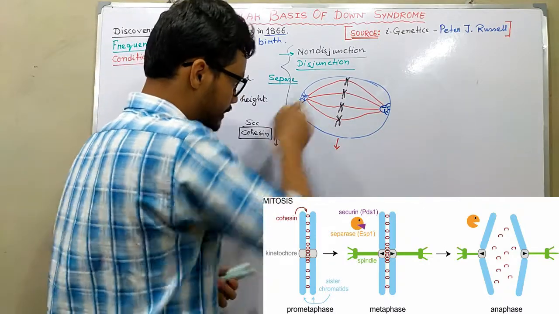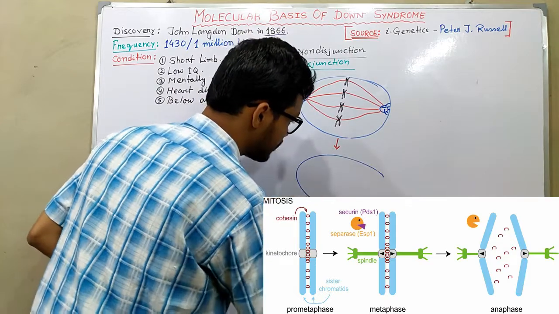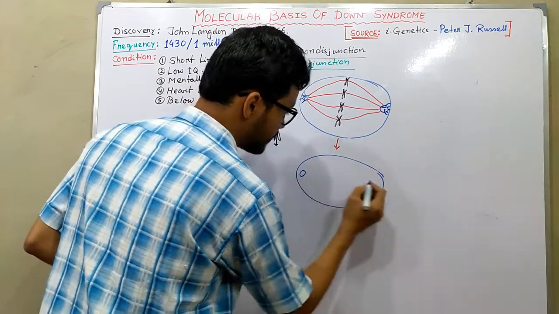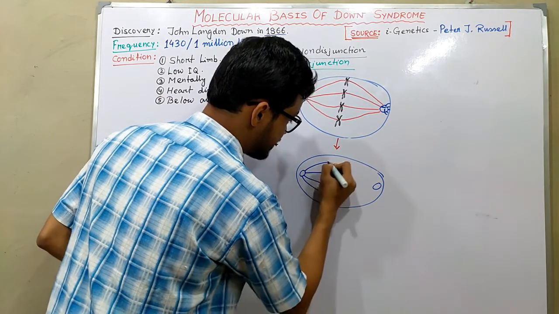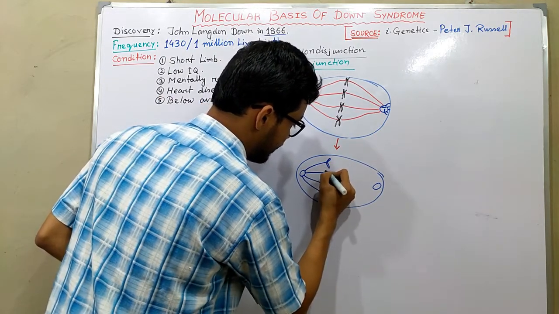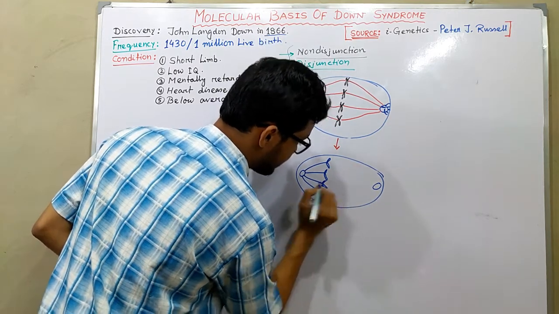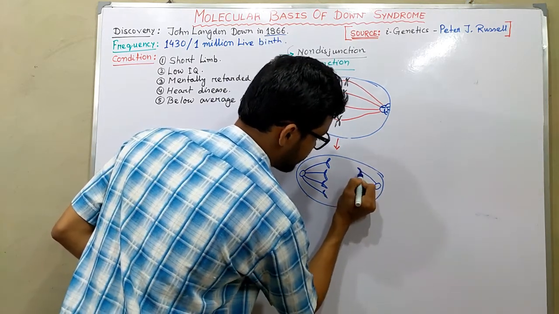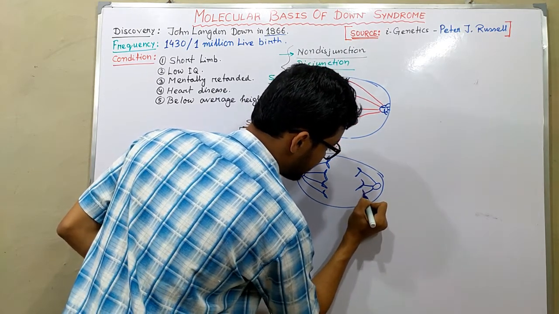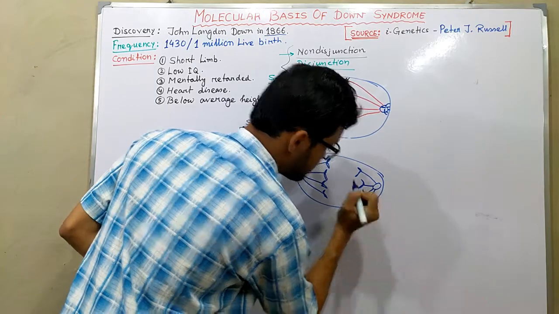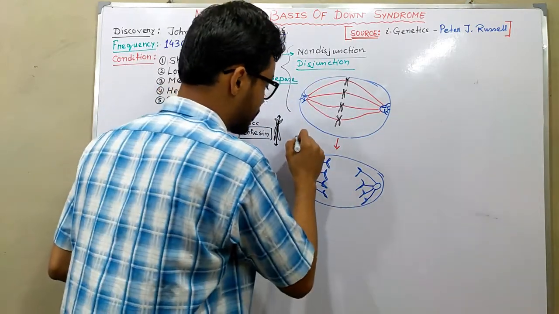So from metaphase to anaphase transition, we observe that the chromosomes are separated well into two chromatids. So chromosomes are separated in the normal phenomenon. This phenomenon is known as disjunction of the chromosome, which occurs in the anaphase.